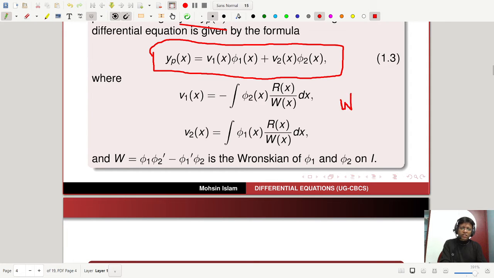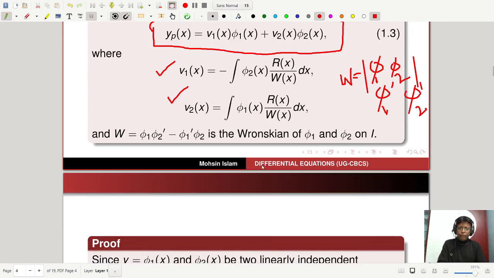You have seen that the Wronskian is the determinant with rows phi 1, phi 2 and phi 1 dashed, phi 2 dashed. This determinant is called the Wronskian, and you have independent solutions if this determinant is non-zero, right? So this is the formula for evaluating v1, v2.